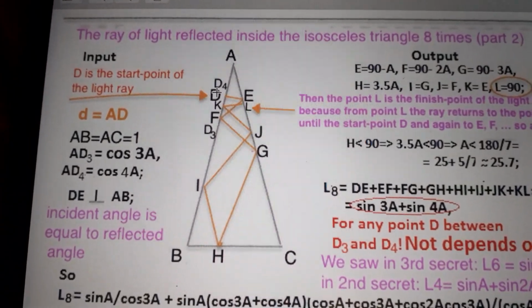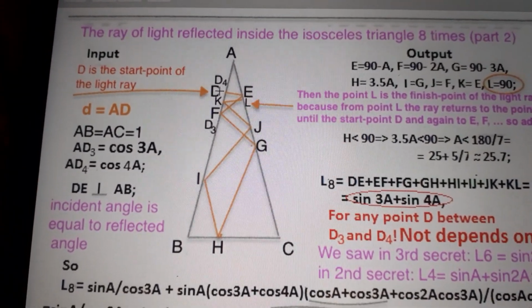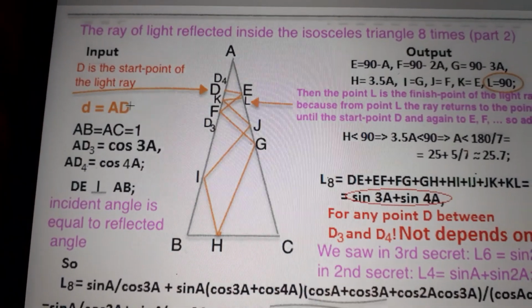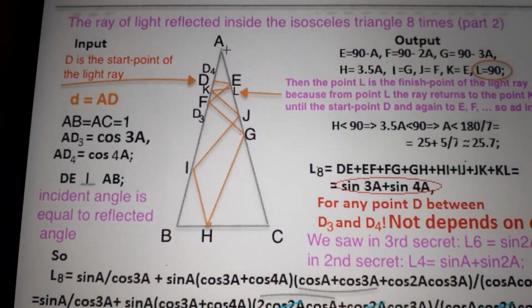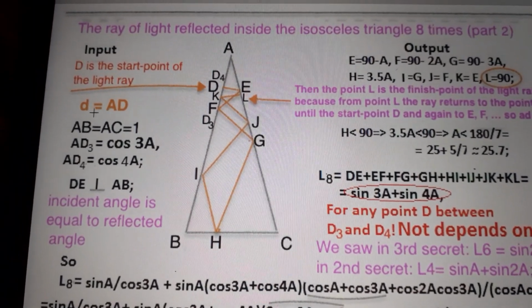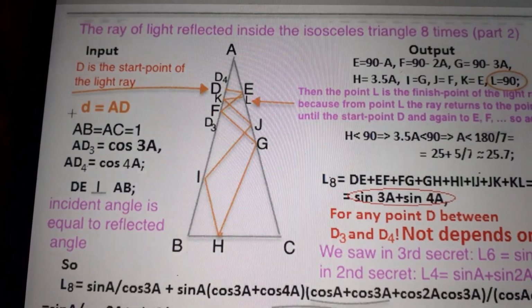We denote the distance between A and D by this symbol, small d.